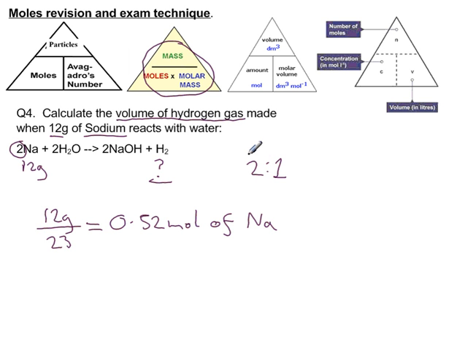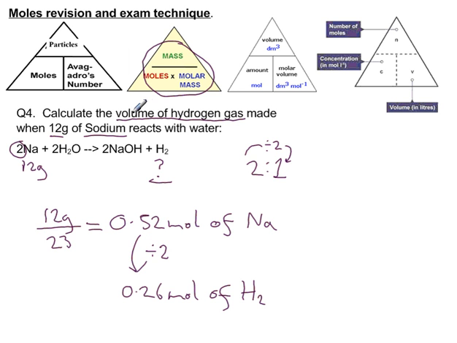To go from 2 to 1, the easiest way is to divide by 2. So if we want to get to the number of moles of hydrogen, we get the number of moles of sodium, divide by 2. And that is equal to 0.26 moles of hydrogen.